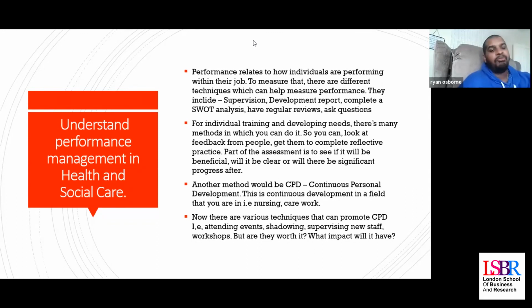Formal supervision is when you set a date and a time, and within that you set certain tasks that your supervisor wants you to show them.